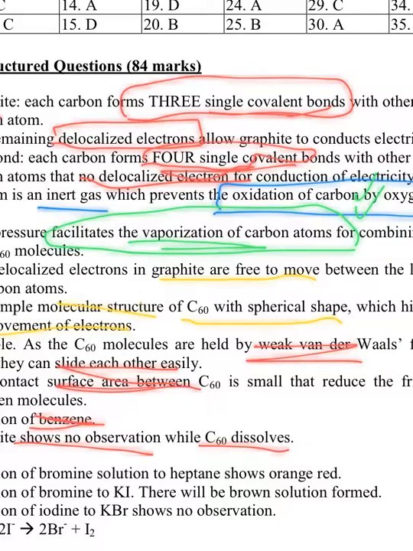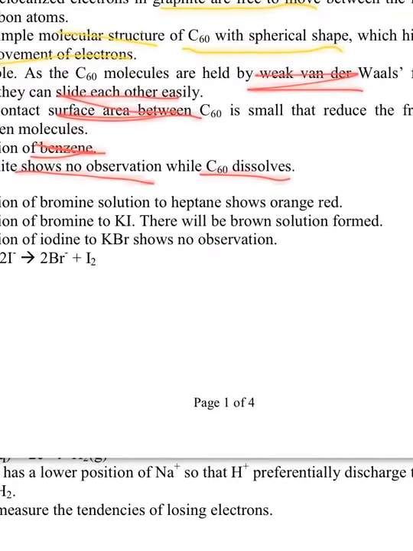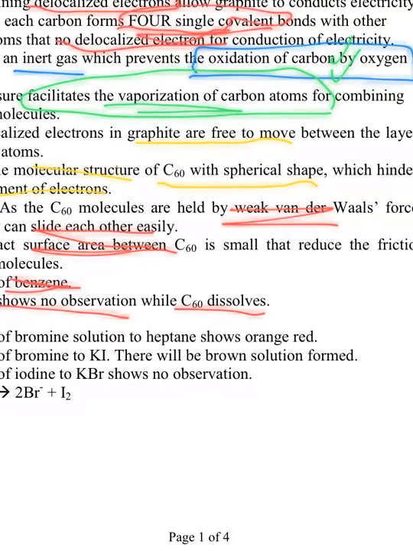Now, we move on to question number 2. Question number 2 is easier. For bromine solution and iodine aqueous solution, suggest a physical method. Many of you wrote down reactions rather than physical properties, because you did not read the question clearly.